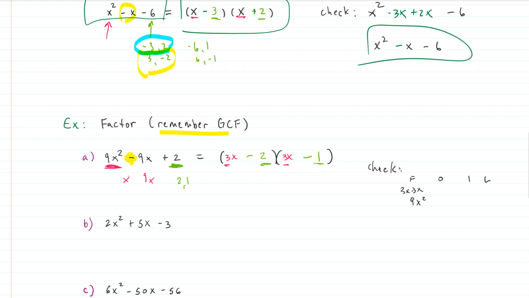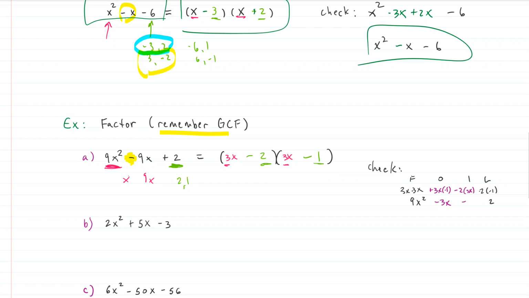And the last term is negative 2 and negative 1. We know that's also going to be correct. That gives us 2, so good. Now the middle two, they're the ones we're interested in. The outer gives us 3x and negative 1, so negative 3x. And let's do the inner. So negative 2 times 3x.